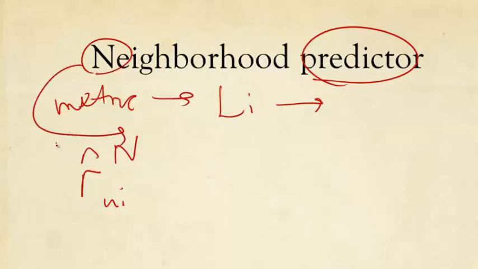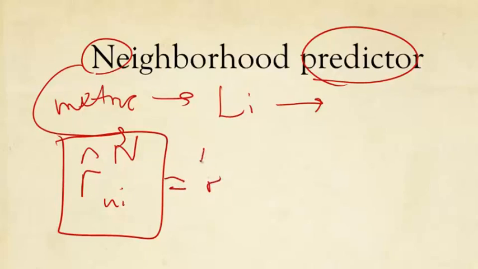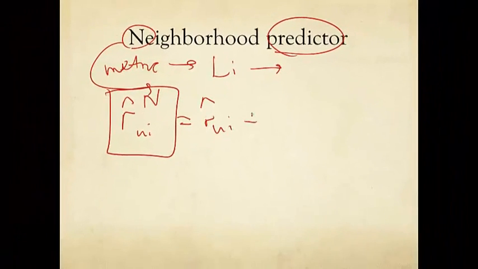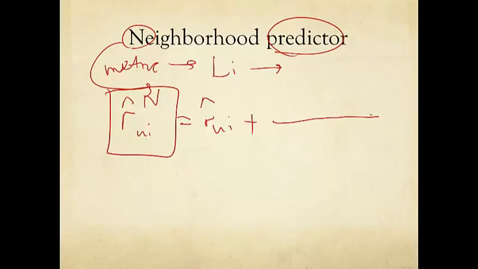So we want to find out what is r hat sub ui sup n. This is basically the original baseline predictor, now plus what we learned from these neighbors.